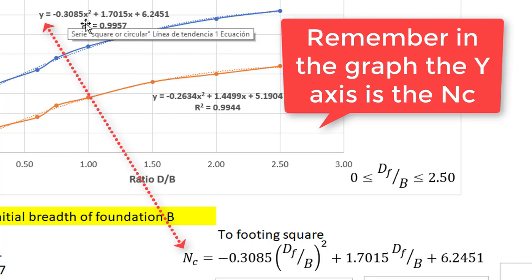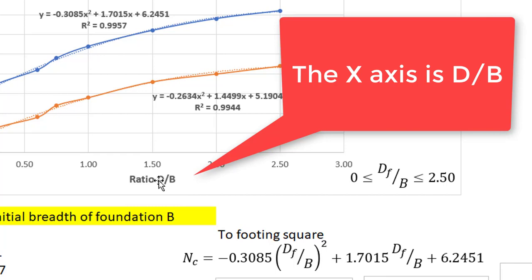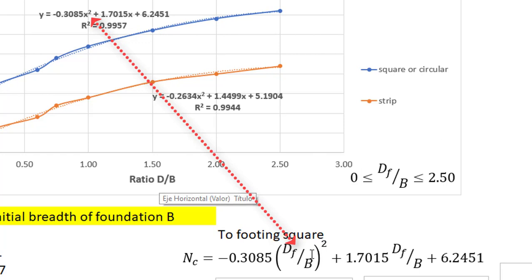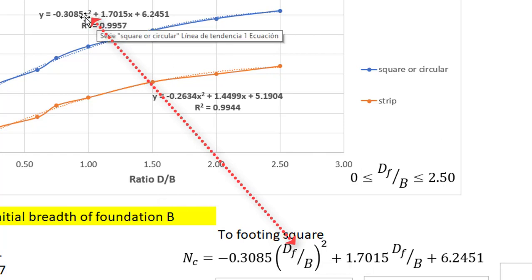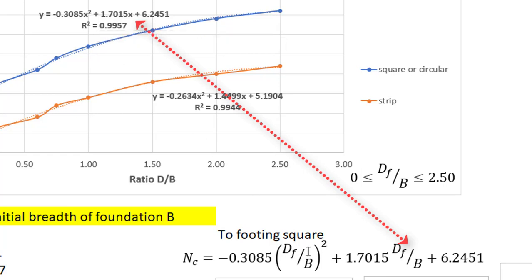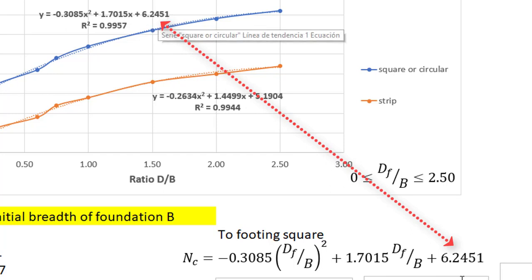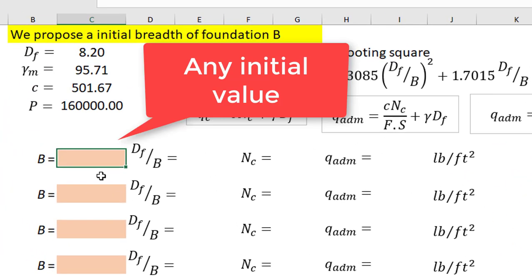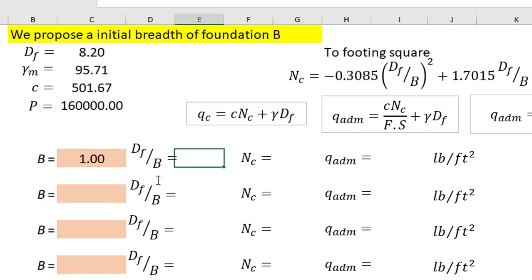In the x-axis is D between B. Let's start with B equal to 1, so D between B is D between B, but B is equal to 1.